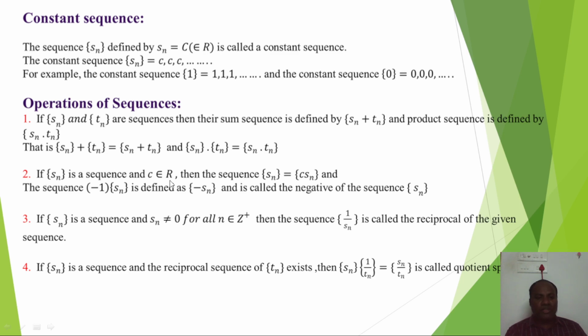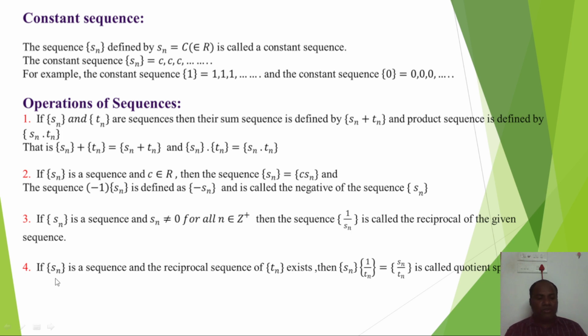If Sn is a sequence and C belongs to R, then the sequence C Sn is the constant times Sn. And minus 1 into Sn is defined as minus Sn. It is called the negative of the sequence Sn. This is the second operation. If Sn is a sequence and Sn is not equal to 0 for all n belongs to Z plus, then the sequence 1 by Sn is called the reciprocal of the given sequence.